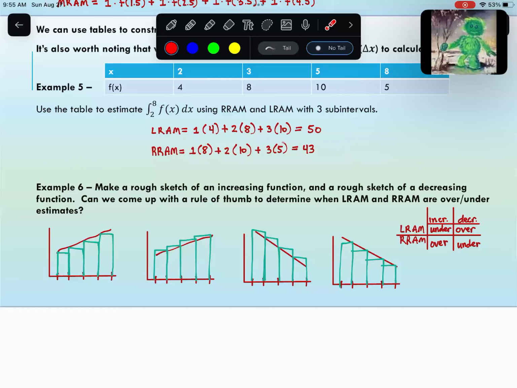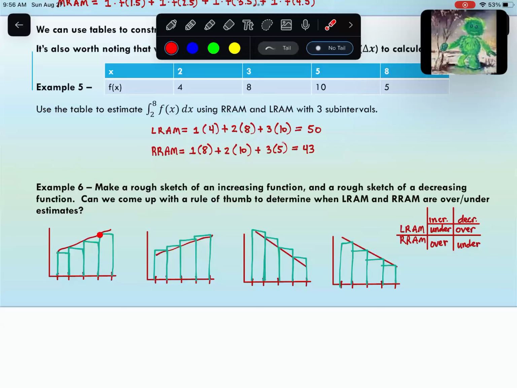Okay. In these first couple sketches, I just drew a rudimentary increasing function. The goal being to determine if I have an increasing function, which type of estimate is over, which type is under between LRAM and RRAM. And in the first picture specifically, I know it's a little rough, but I'm trying to draw rectangles whose heights are based on the left side.